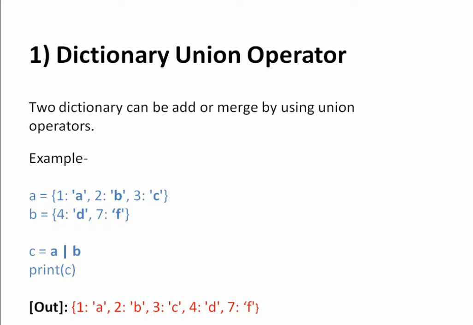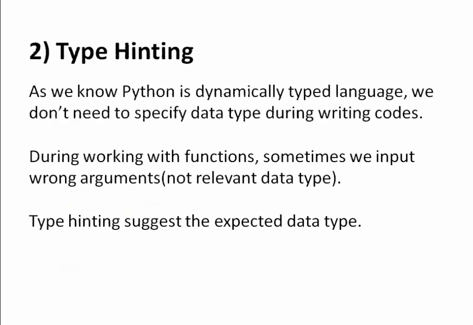So what is the next feature? That is type hinting. As we know, Python is a dynamically typed language, so whenever we declare a variable we don't need to use any data type like int, char, float, etc. Not char in Python, string in Python. But when we work with a function, there is a problem.